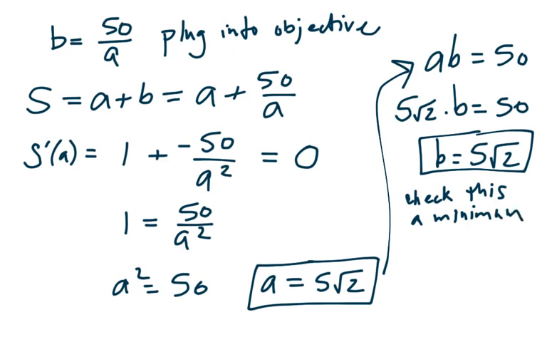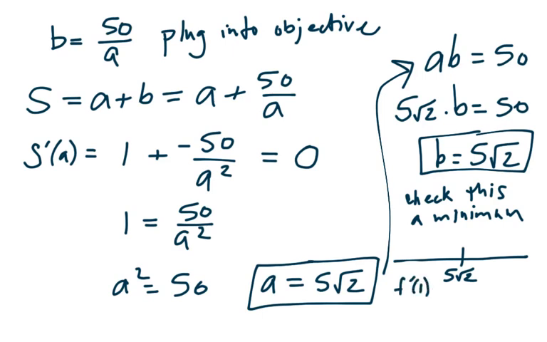If we look at numbers on either side of 5 root 2 and plug them into the first derivative, I'm going to pick the number 1 as a test point. So I'm going to evaluate f prime of 1.